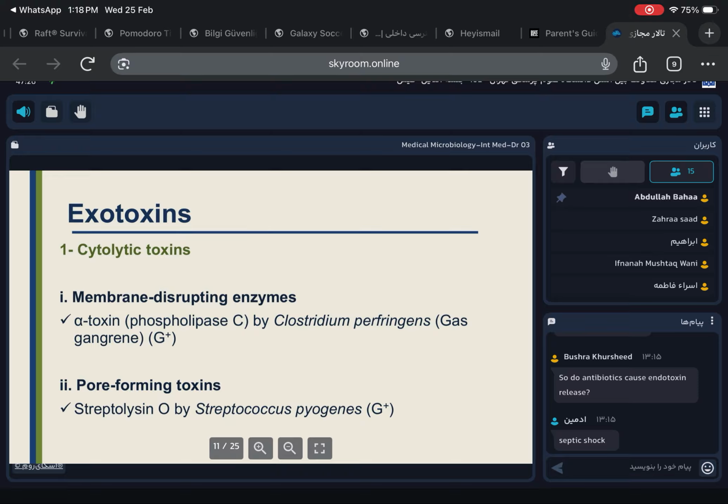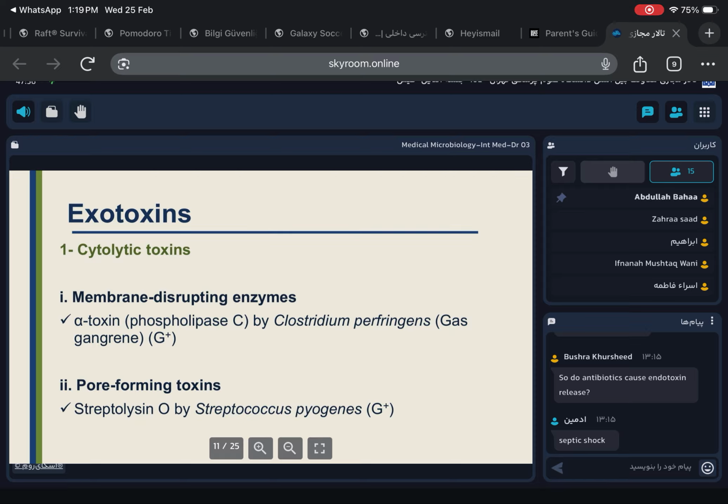For example, we have membrane disrupting enzymes in this category. As you can judge by their names, they target the cytoplasmic membrane of host cells. And you already know that the cytoplasmic membrane is super important for the cell. It doesn't matter if it's a eukaryotic cell or a prokaryotic cell.